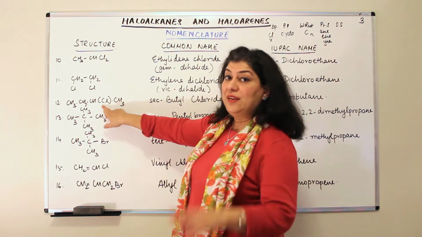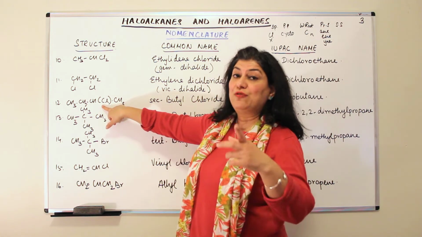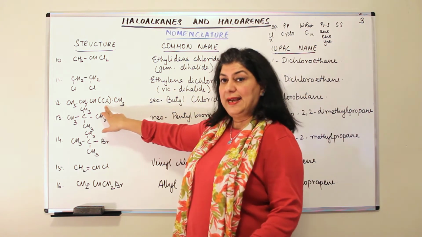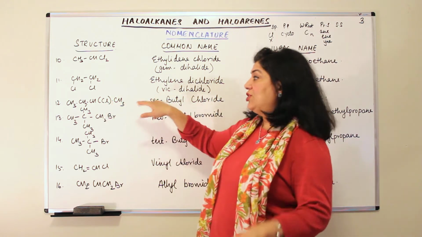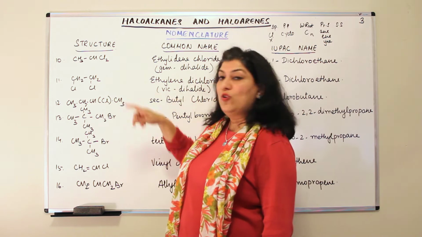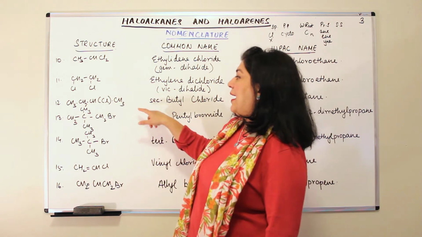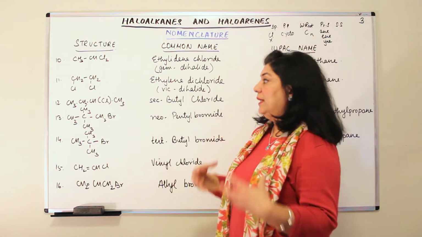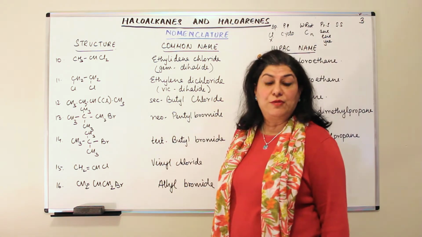And if it is attached to three other carbon atoms, it would be a tertiary alpha carbon atom. So based on that, in the common nomenclature, you would call this the secondary. And how many carbons are there? There are 4, so it is a butyl group. And since it is chlorine which is attached to it, it would be a secondary butyl chloride.